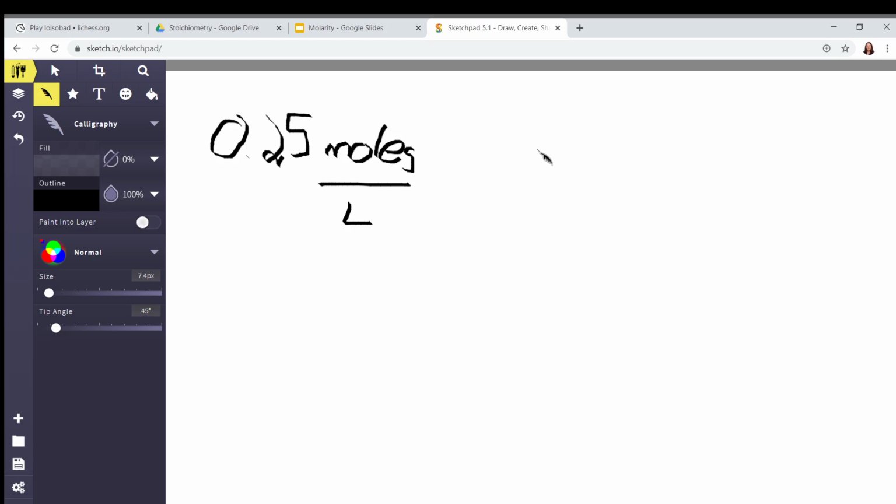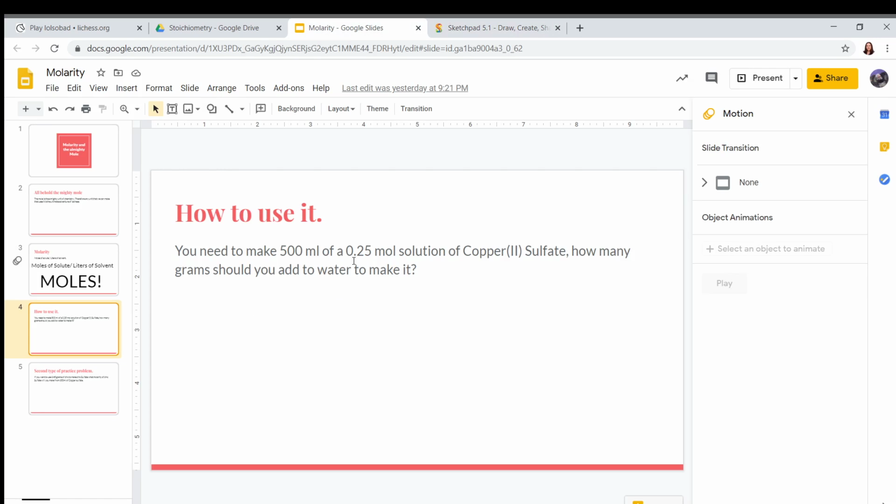But wait, liters does not equal milliliters. Liters equals 1,000 milliliters.